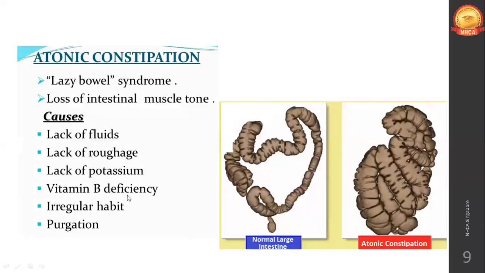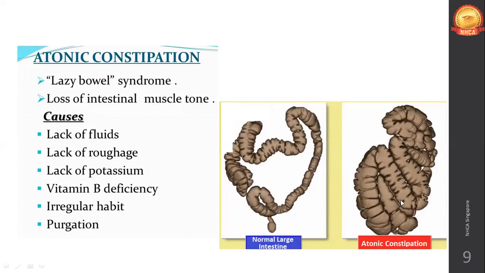Next is constipation. There are different forms of constipation: atonic constipation, spastic constipation. Atonic constipation means, you can see the shape in which the large intestine should be, a normal large intestine, and this is how an atonic large intestine looks.